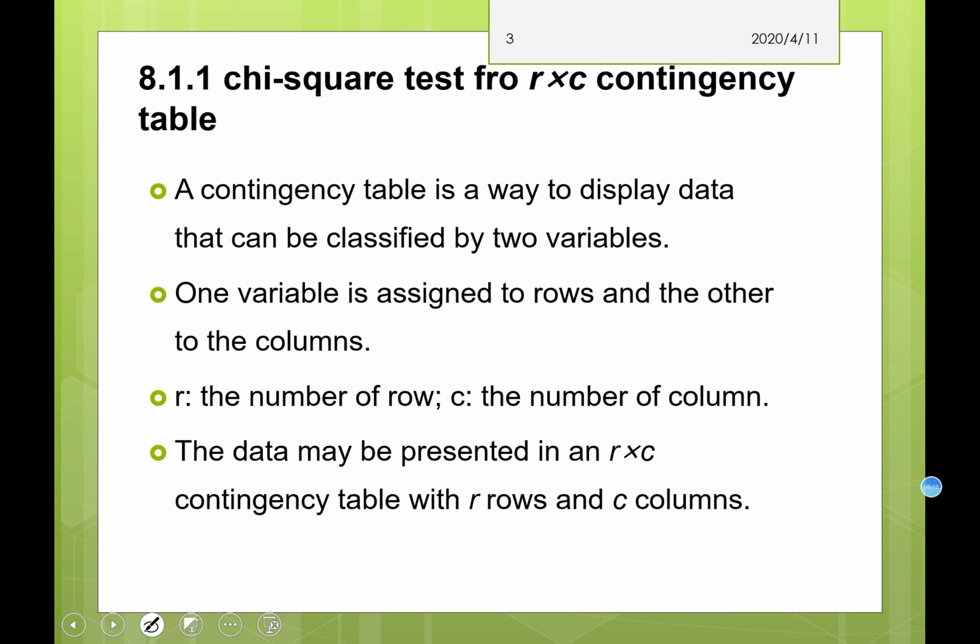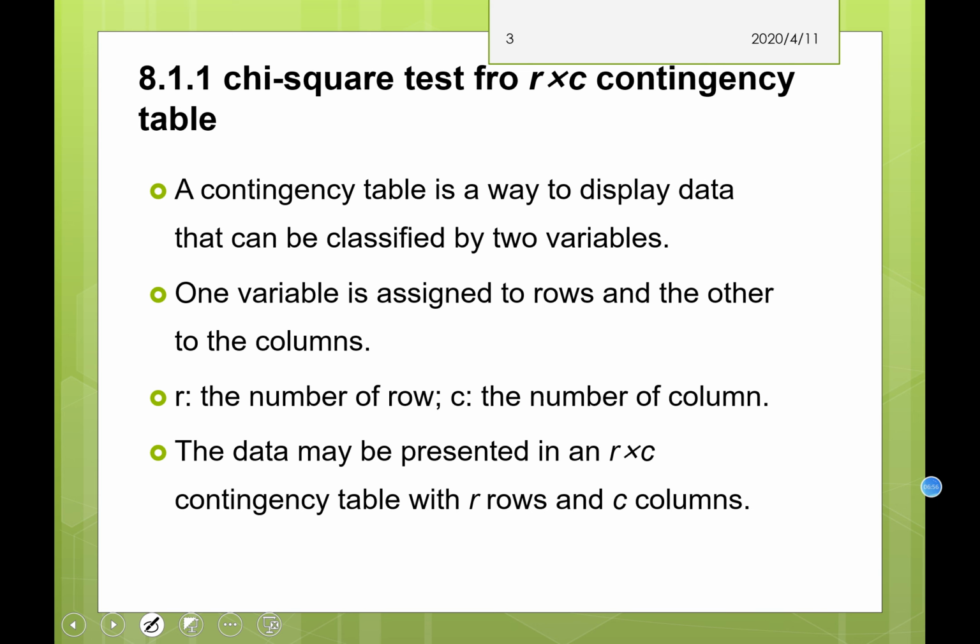The first one is the drug is useful. That means the drug can cure the patients. And the second group is the drug is not useful. The drug is not effective. That means the drug cannot cure the patients. So this is one of the two variables in chi-square test.